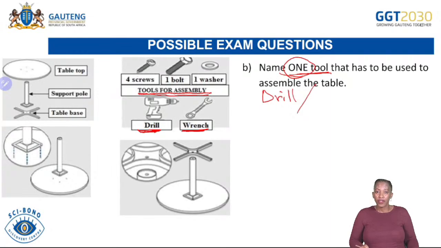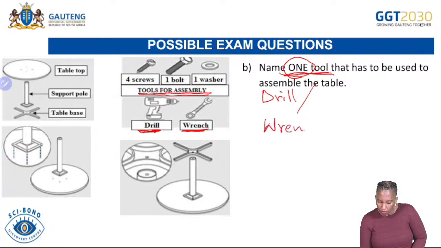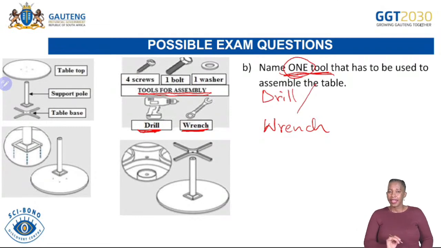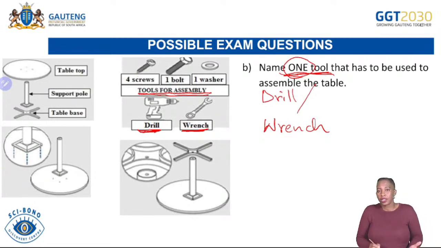And you forfeit the marks, because I'm not allowed to choose for you. You have to tell me, because the question says name one tool. You can say a drill. If you don't say a drill, you can say a wrench. That is what we are expecting. But once you say a drill or a wrench, it means you're saying I must choose one for you. And the question wants you to name only one tool.